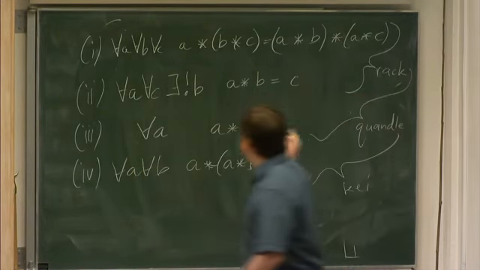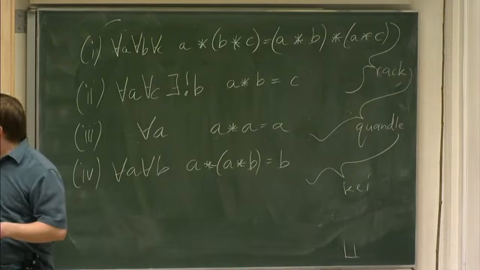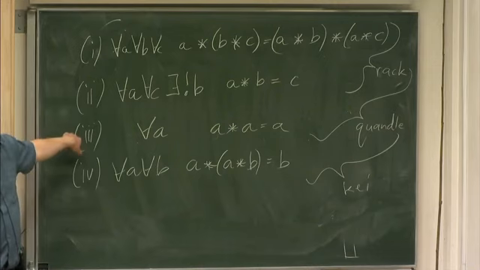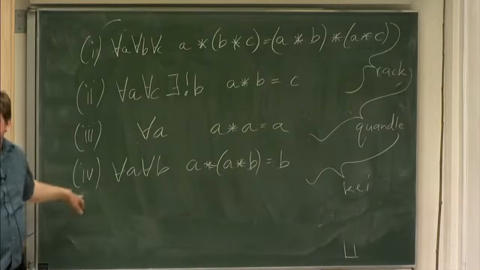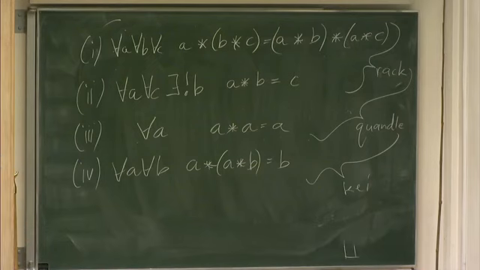Okay, so those are the axioms we're working with. Let me give you a little bit of geometric intuition. First of all, if you look at groups with conjugation, then you can see, again, it's a quandle, not just a rack. And if you want an example of a kei, a good example is geometric reflections, again with conjugation.